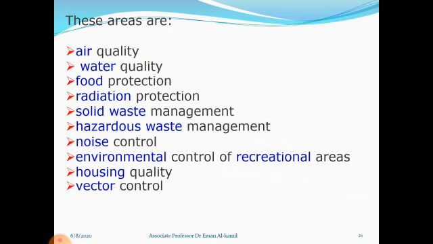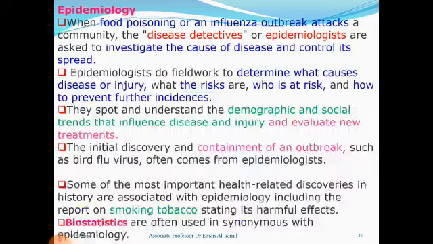How can we manage the waste in order to prevent the effect of hazardous waste, the effect of noise, environmental control of recreational areas, and also having good quality housing, and vector control, as there are a large number of vectors which have a role in the transmission of disease. So it is important to have different programs to eliminate or eradicate these vectors.